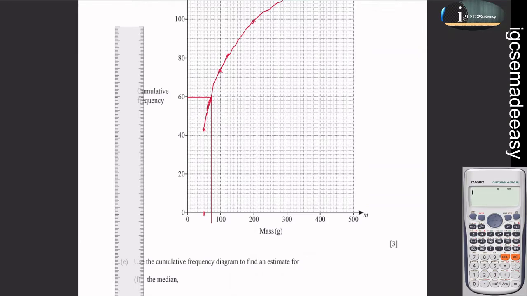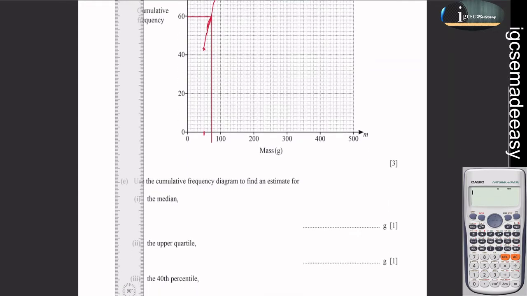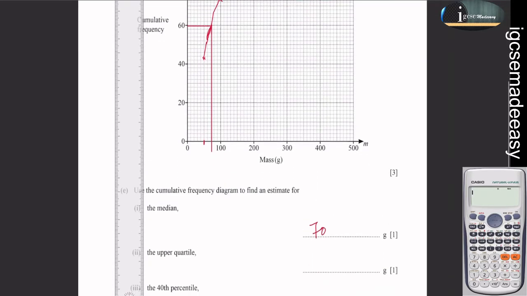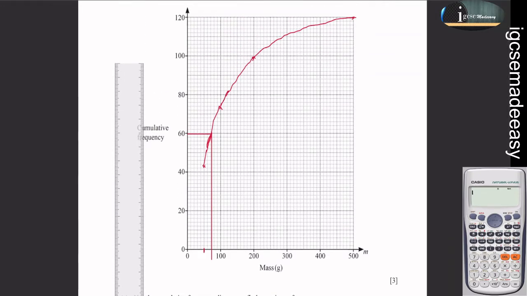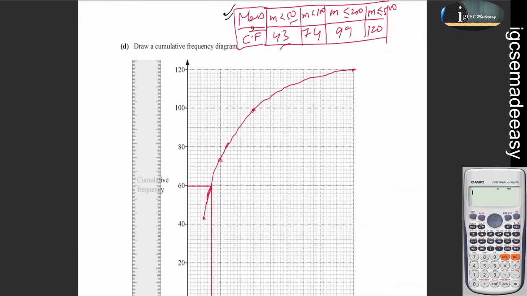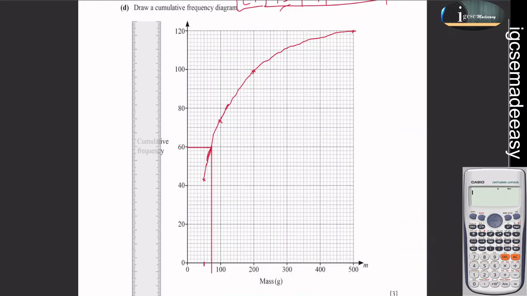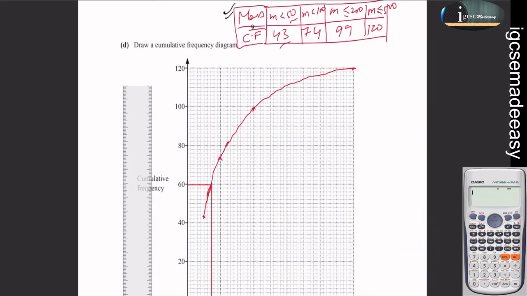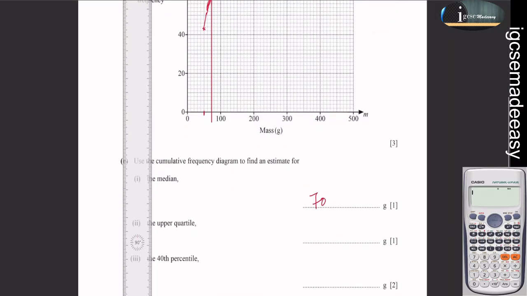We're getting 60, 70. Nearby 70. What I'm getting is 70. You may get a little different in this because my curve may not be perfect, but make sure that you draw it perfectly. So you should know that the median is calculated by just half of the total frequency or total value.